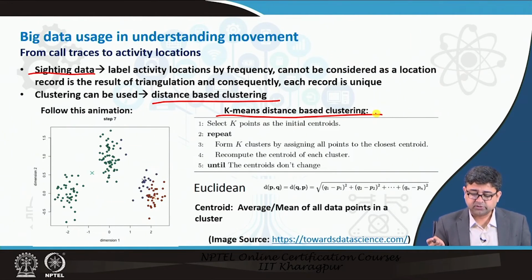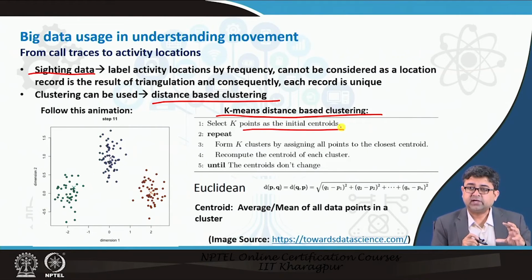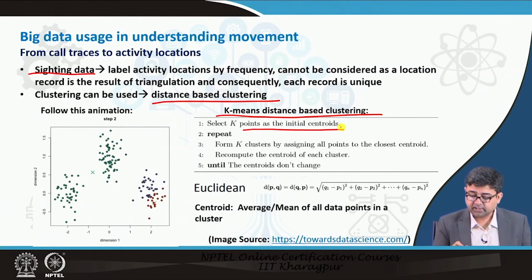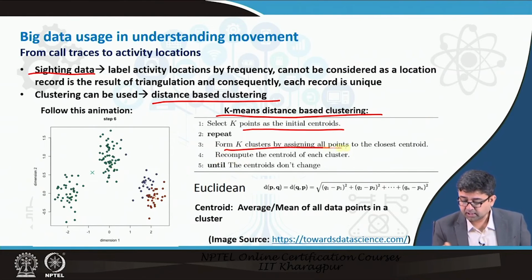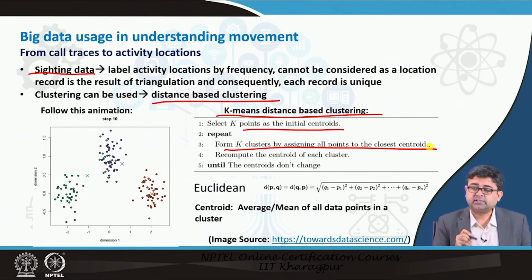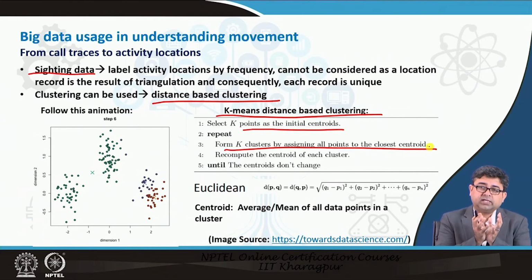What it essentially tells you is that if there are k points with initial centroids, and if these centroids do not change after forming newer clusters, then you can combine those points into one cluster location, right.